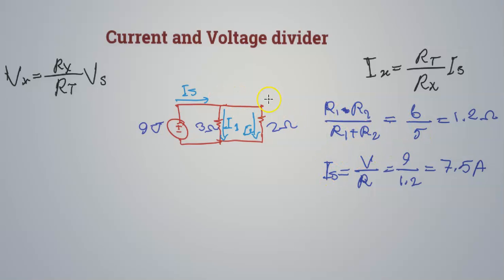All right, so the current source is 7.5.